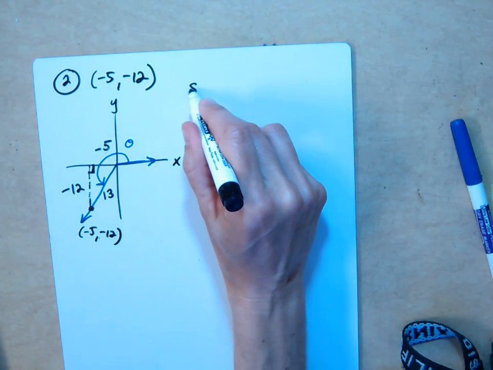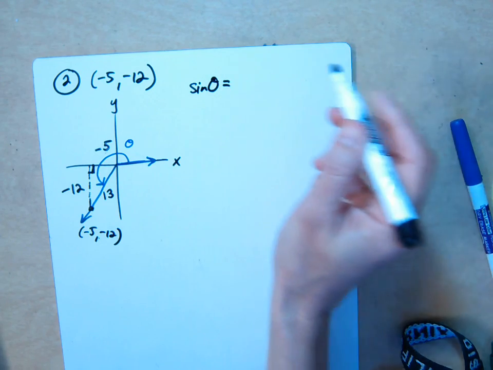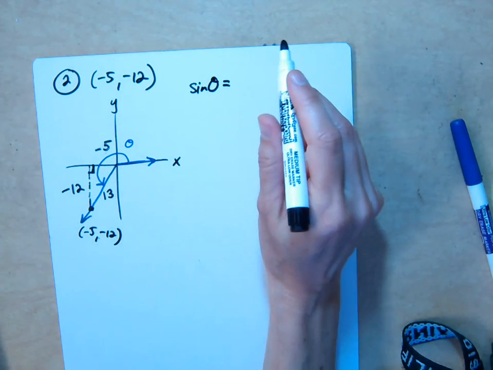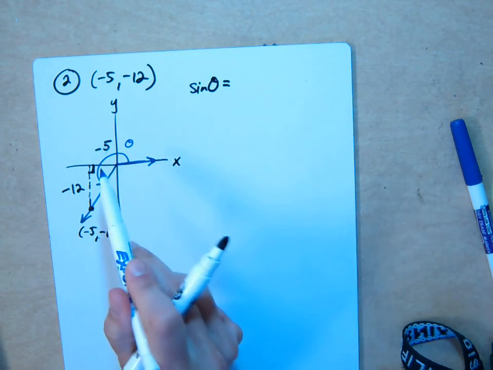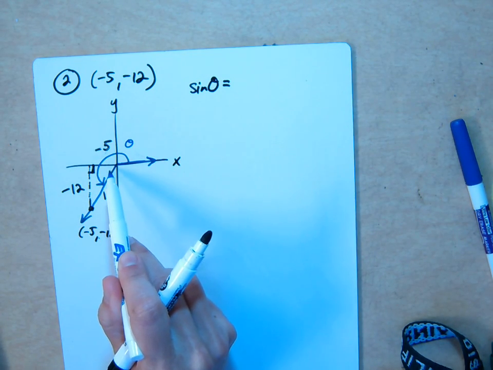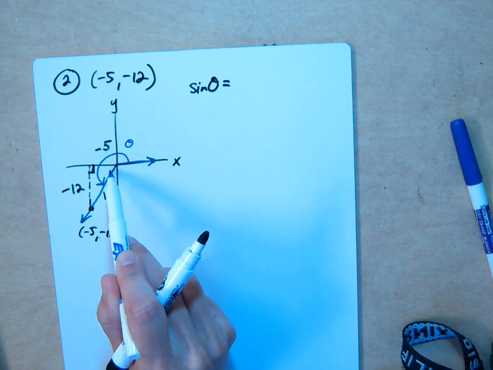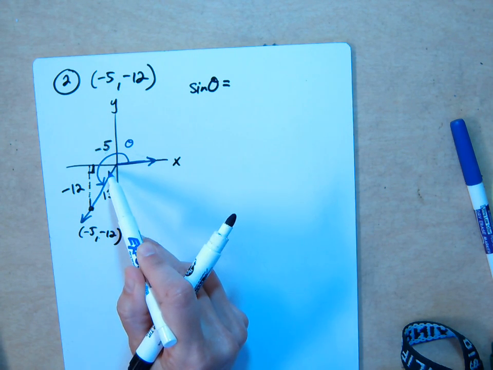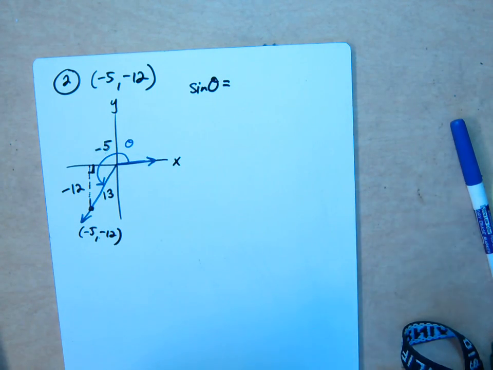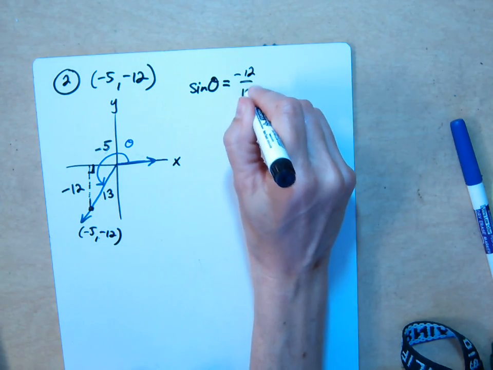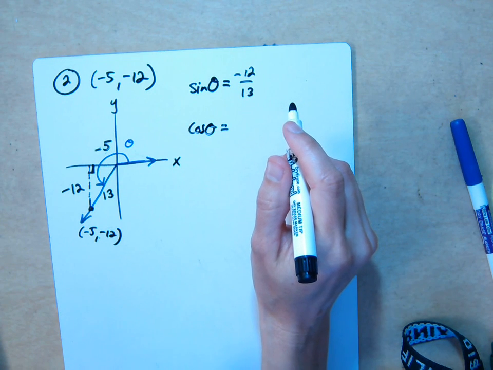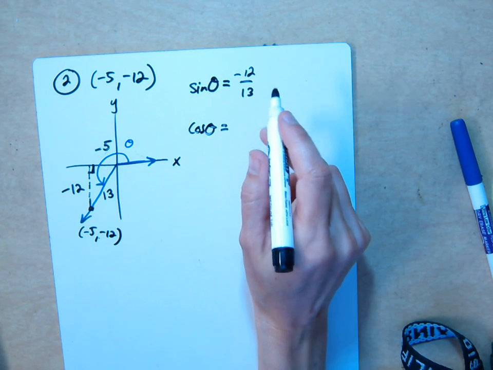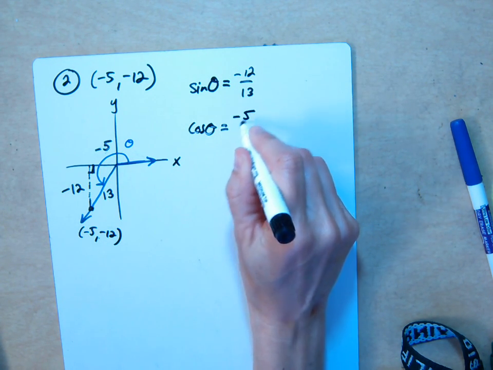So sine of theta is, you guys tell me. Sine of the angle is? Remember, you're looking right here, the angle that's formed with the x-axis. So relative to this, yes, -12 over 13. Cosine of theta is, I heard -5 over 13.